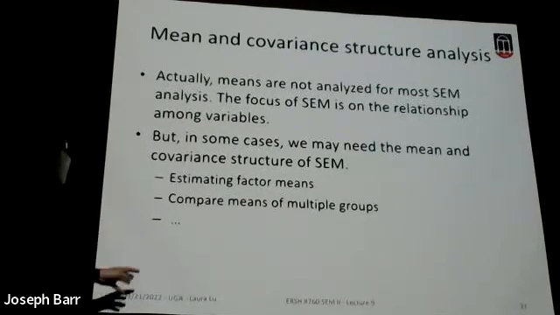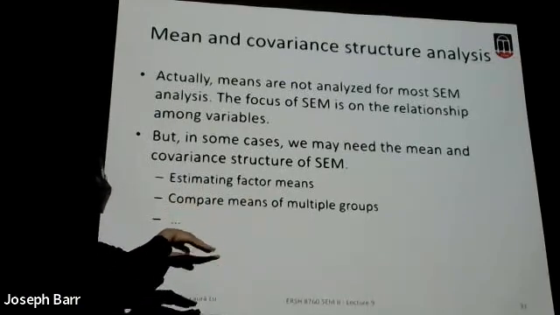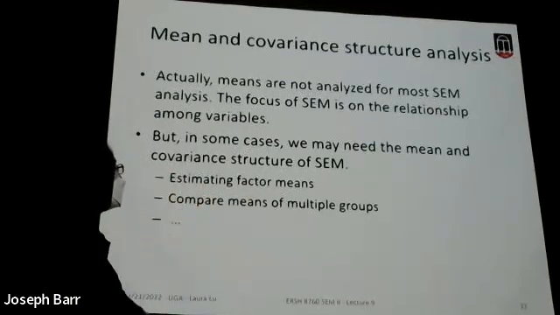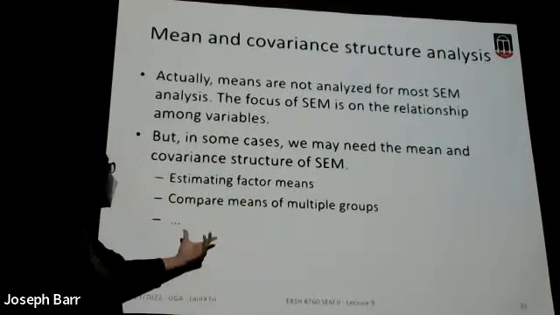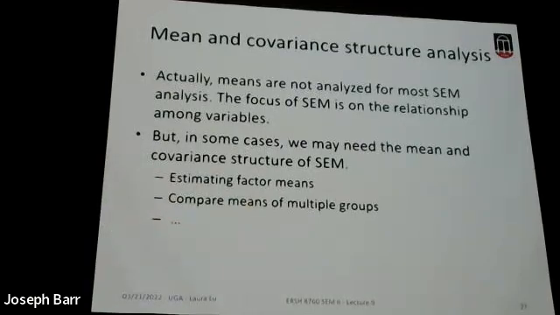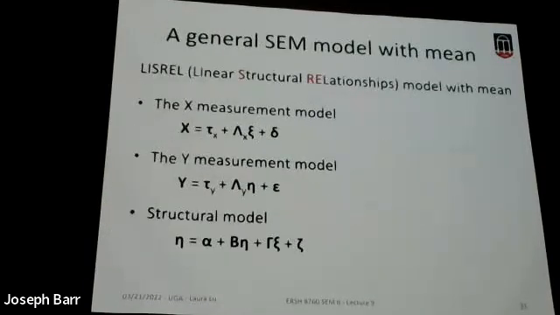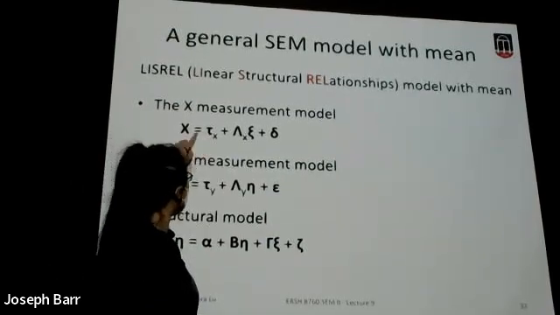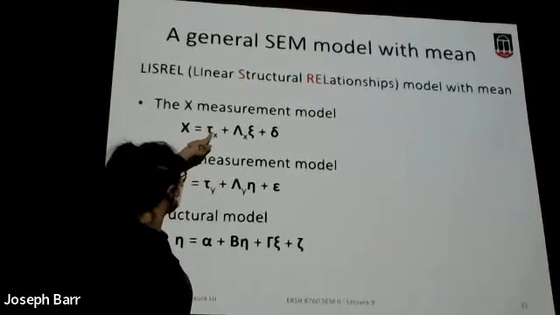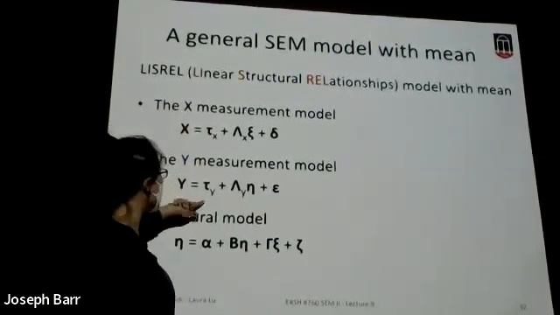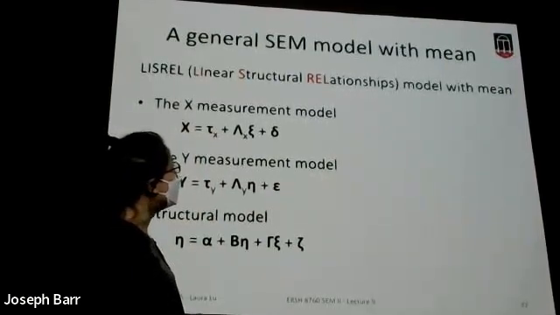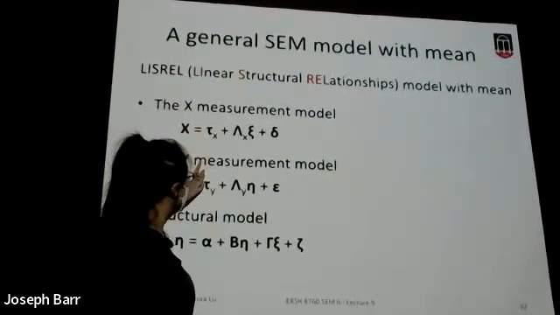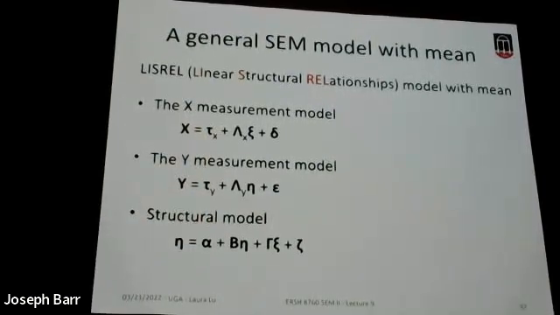But in some cases, we need to investigate the mean, for example, to look at the change of a pattern, estimate factor means, or compare means across multiple groups. Then we can do the mean analysis. In that case, we have tau x, the mean part of x, tau y, the mean part of y, and alpha, the mean part of eta. So in this case, we include the mean.